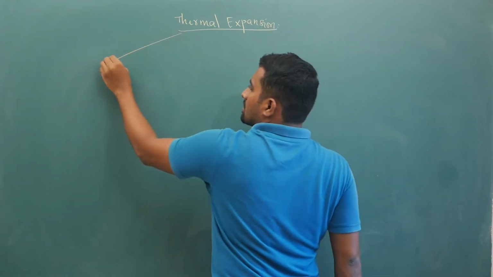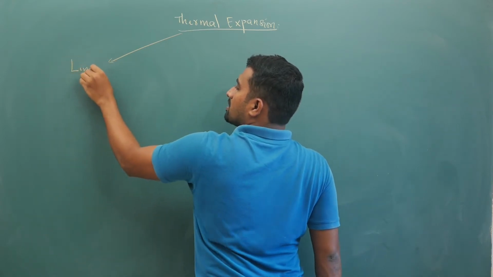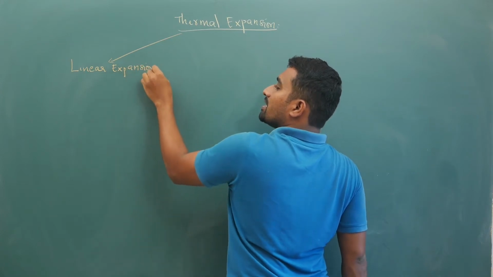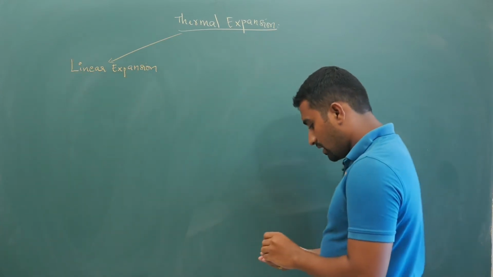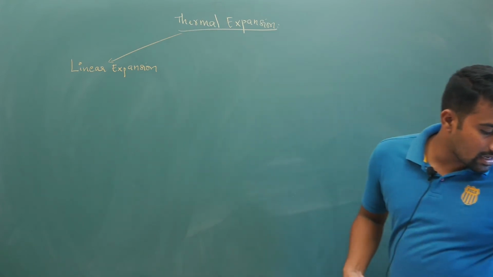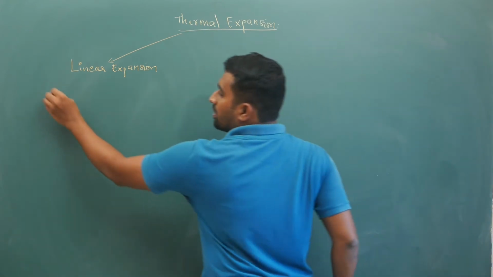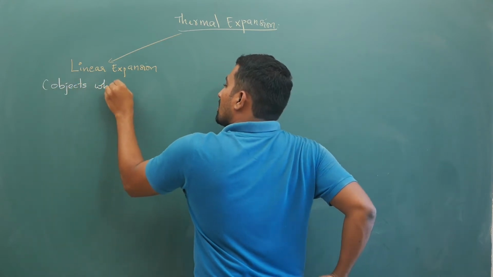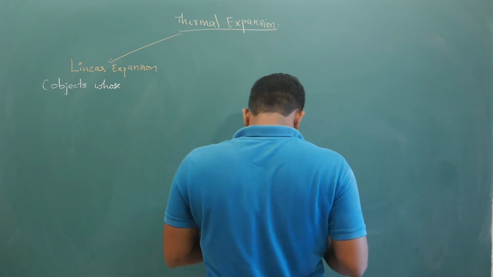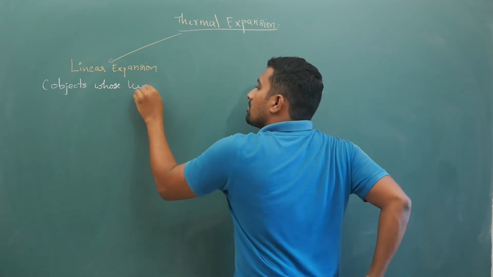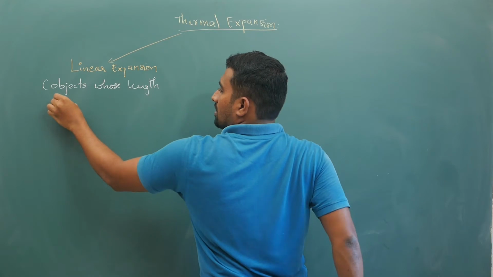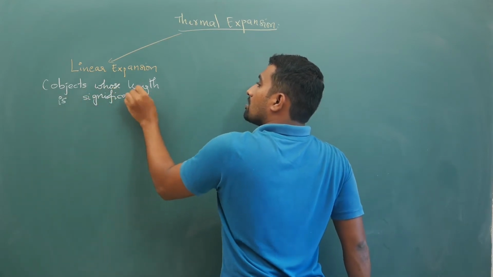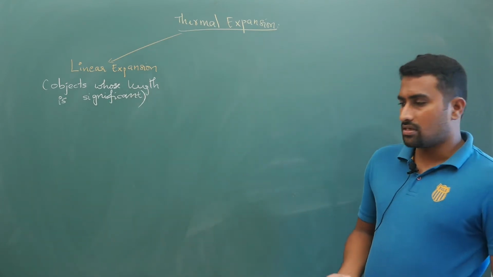One is linear expansion, which is used for objects whose length is significant. So for objects whose length is significant, we are going to use linear expansion.